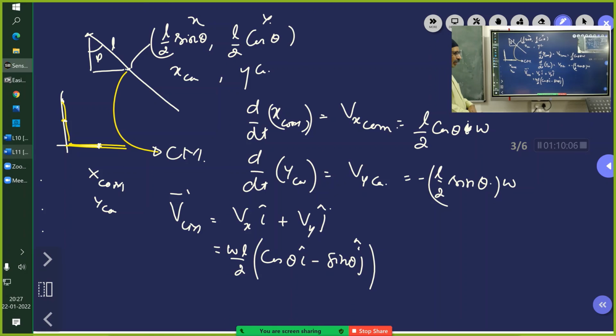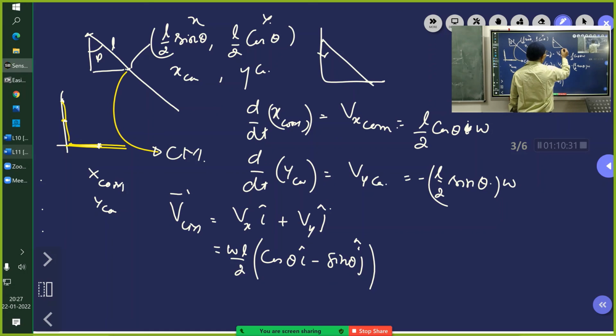That means this ladder is rotating. So what is happening to VC? If you remember the velocity vectors of this ladder, what is the axis of rotation of the ladder? If you remember, it was somewhere here.